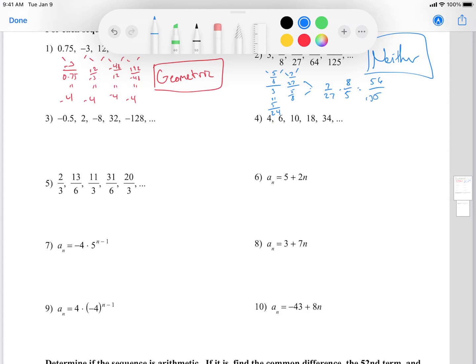About 2 more minutes left, guys. Again, you're just doing 3, 4, 5. That's all you're trying to do.